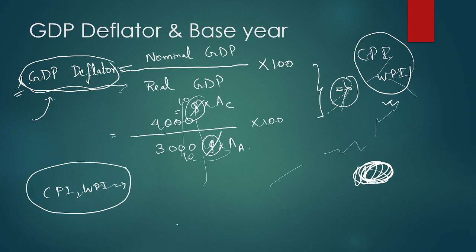We'll discuss CPI and WPI in very much detail. We are going to study the inflation chapter, very important from the prelims perspective. So I think the concept of GDP deflator and base year is clear to you.